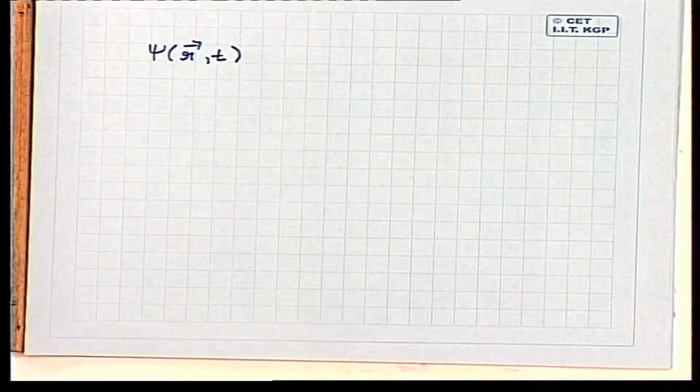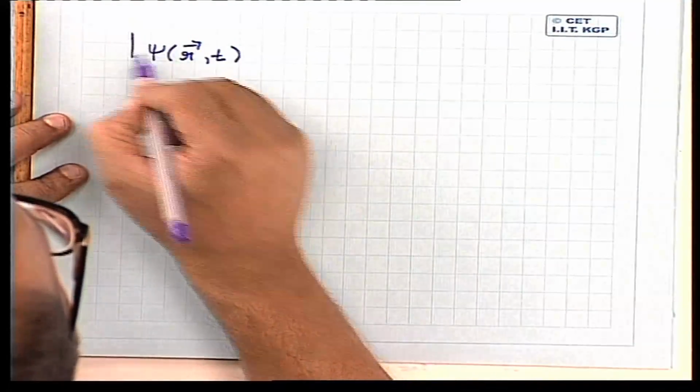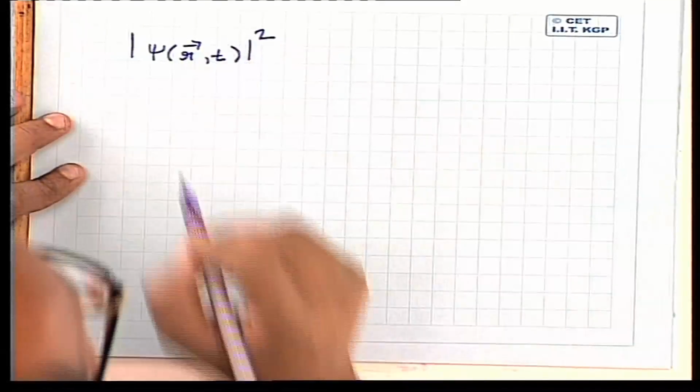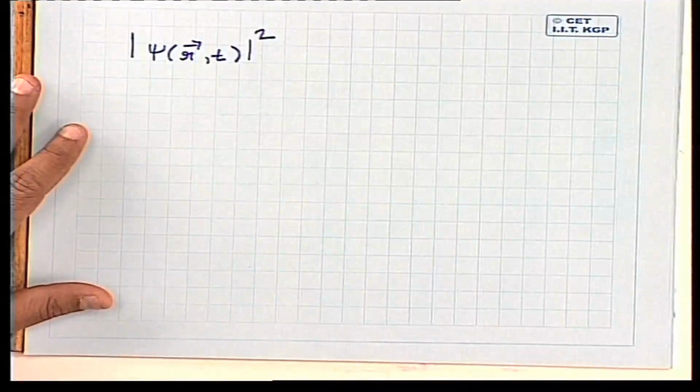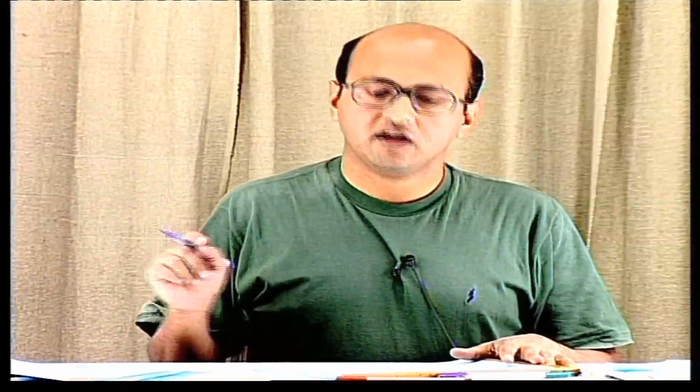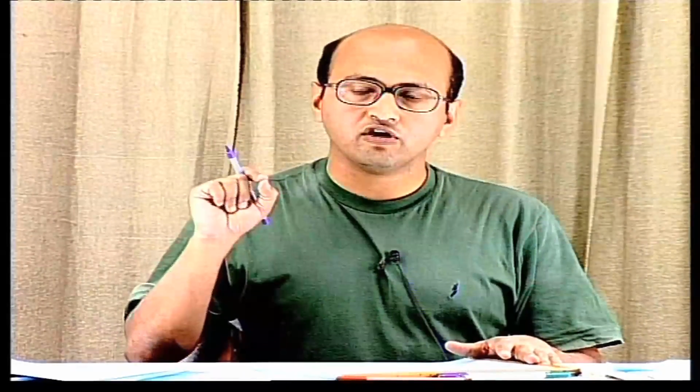The modulus square of this wave function gives us the probability of finding the electron at some position. The probability is a fractional number, but we never find a fraction of an electron at one point and another fraction at a different position. When you make a measurement, you always either find one electron or you get nothing.